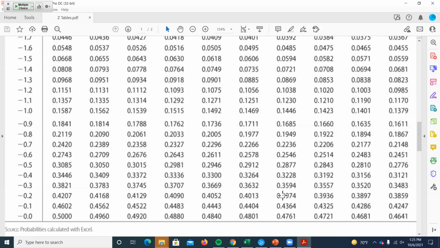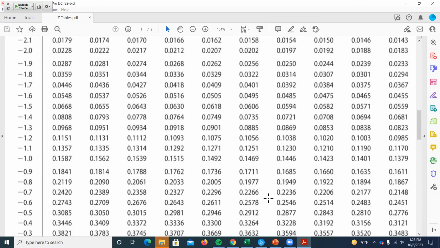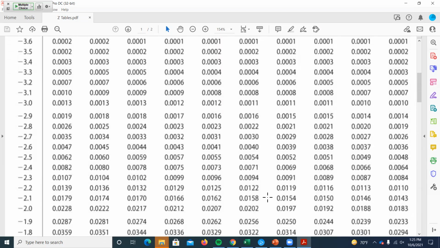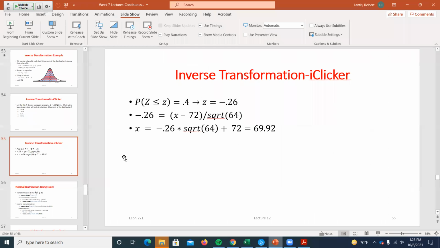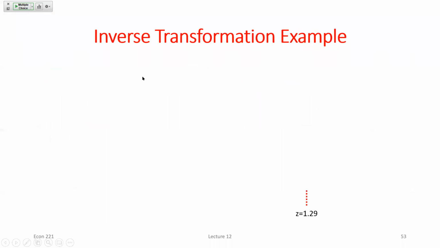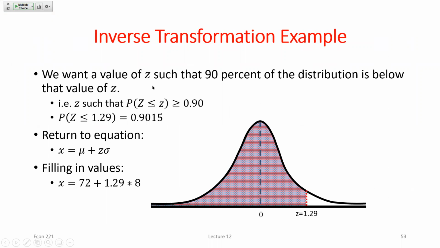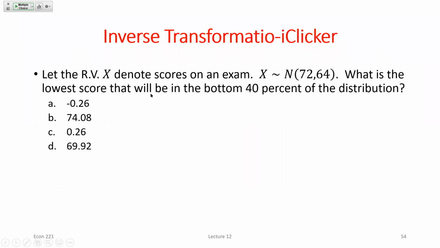Looks like it's in between these two, negative 2.5 and negative 2.6. So like I said, we'll use the greater absolute value of the two, since this one is negative. So negative 0.26.